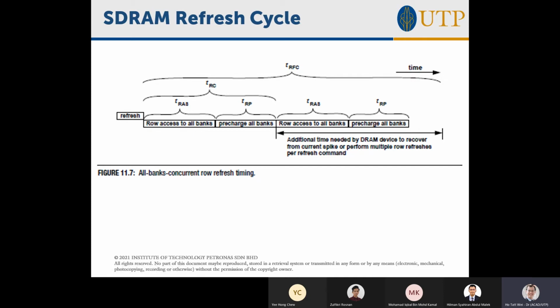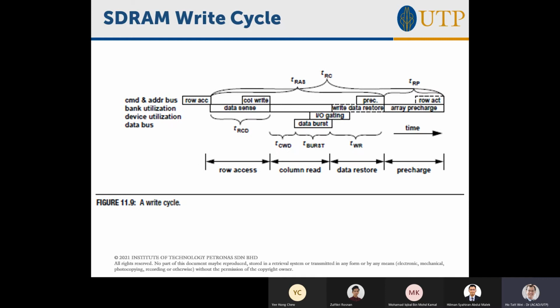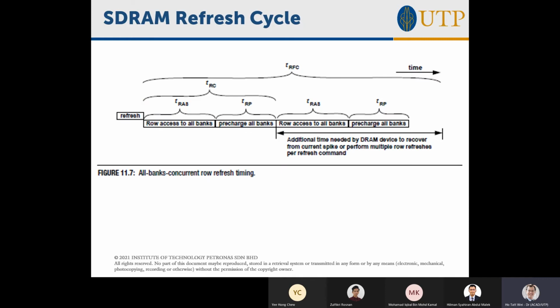You have to do that. Okay, and it's nothing else but a row access command to all banks. Okay, but there are some special instructions and all that. But I would like you to focus on the read and write cycle first. Okay, if you don't get the refresh, we can talk about it.